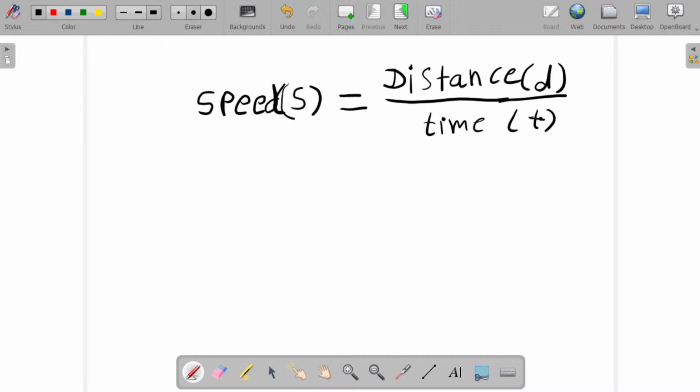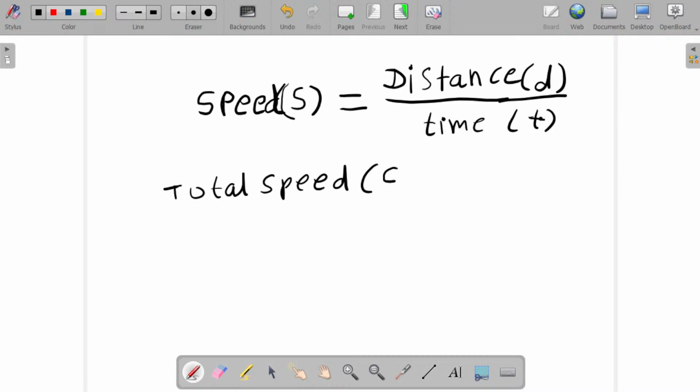There is another similar formula, and we will use that for average speed kind of questions, which is total speed.